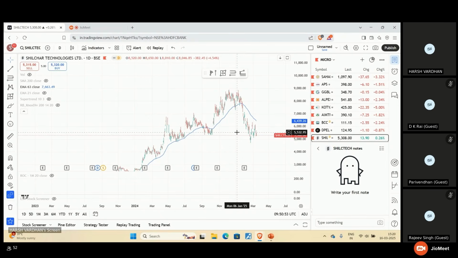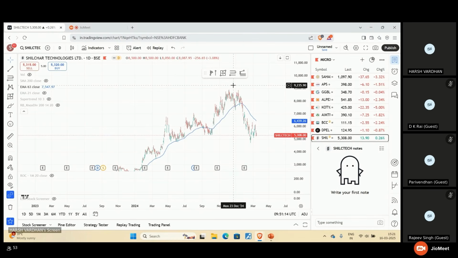If there is no negative news about the stock and the stock still broke the 63 EMA level, or the index is breaking the 63 EMA level, and there is no negative news which will affect the stock fundamentally, then that means the top is near. It's still not here, but it's near.